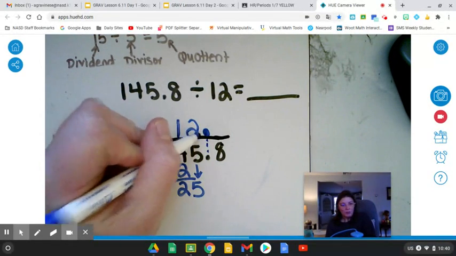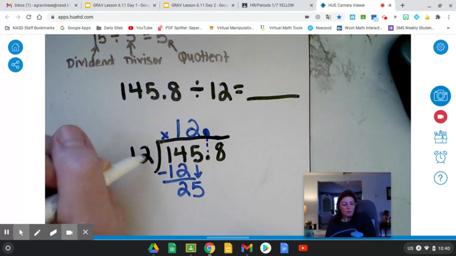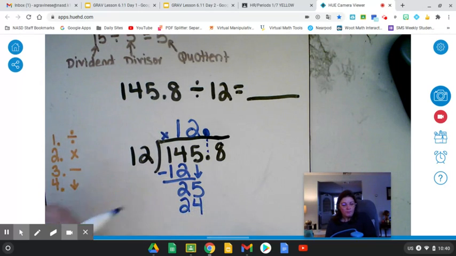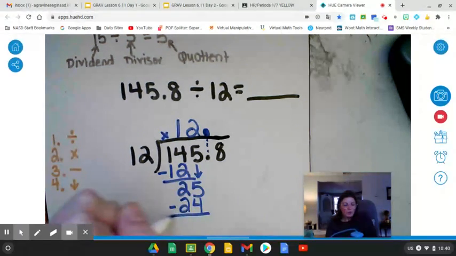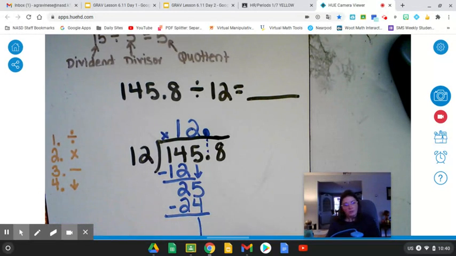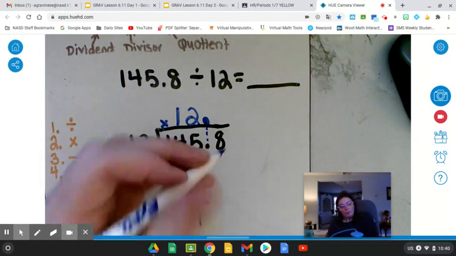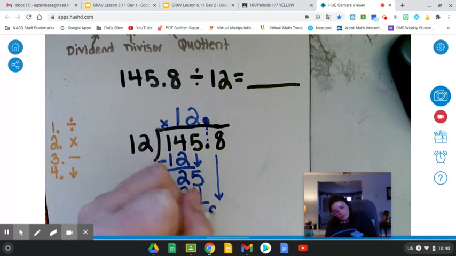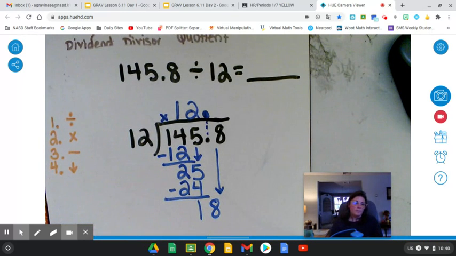My 2 goes up here. 2 times 12 was 24. When I subtract, I have a difference of 1. And then I bring down my next digit. Go back to the beginning.